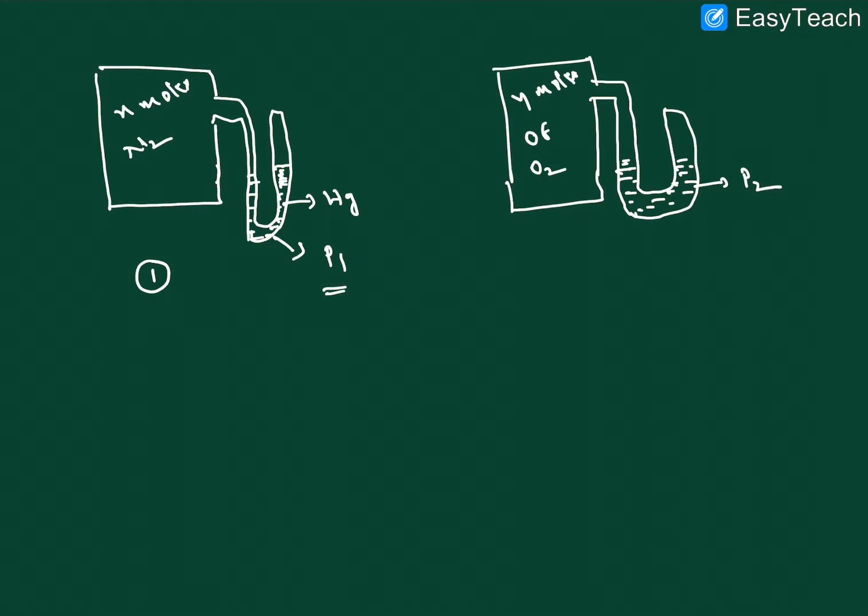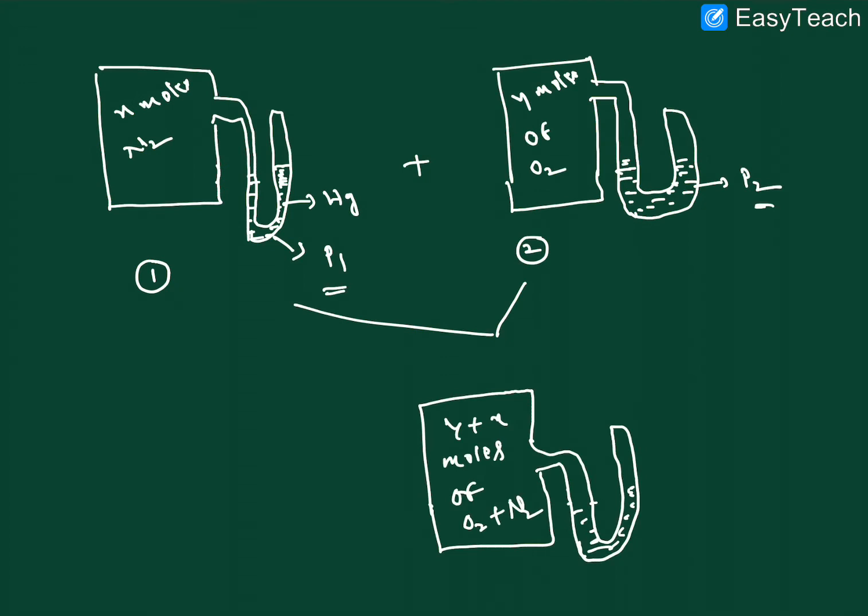In experiment 2, Y moles of oxygen gas, and the pressure is P2. Now we mix these two, so the result is X plus Y moles of N2 and O2 mixture.